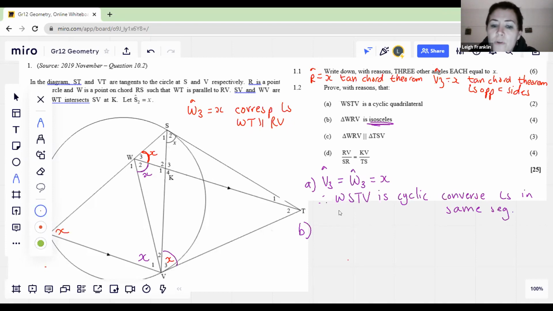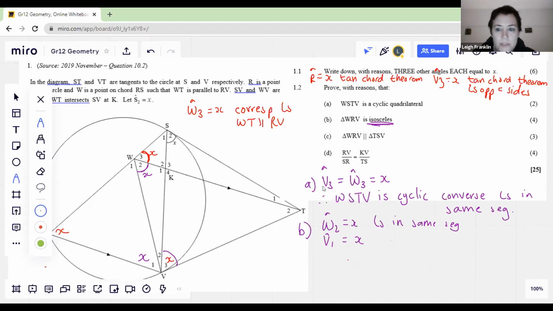So now that I've proved that the quad is cyclic, I'm allowed to go angles in the same segment. So I go W2 equals X, angles in the same segment. Then I go V1 equals X, just move the chat out the way.